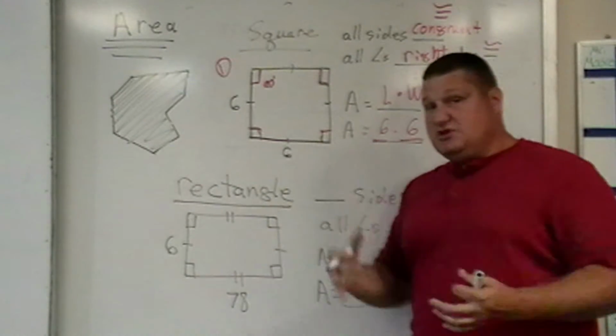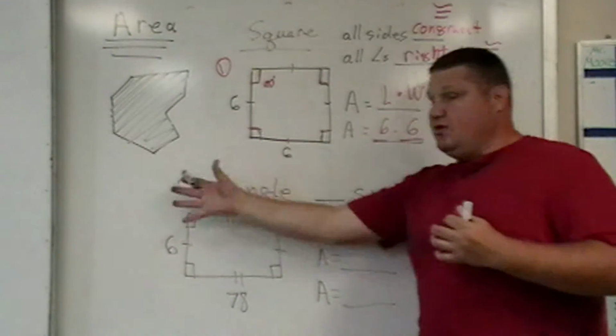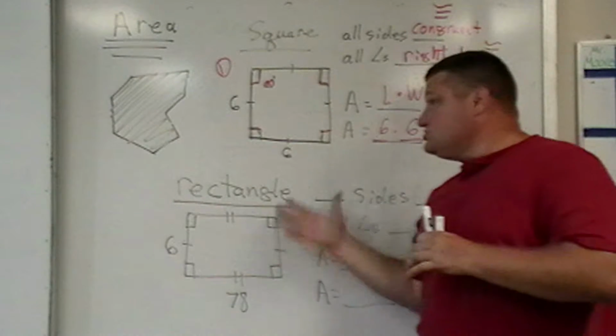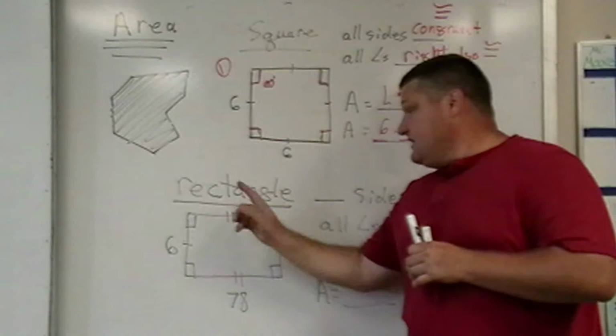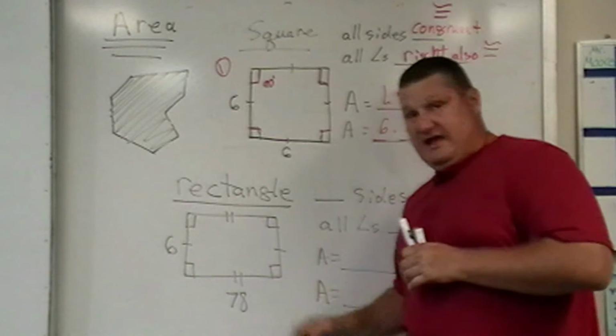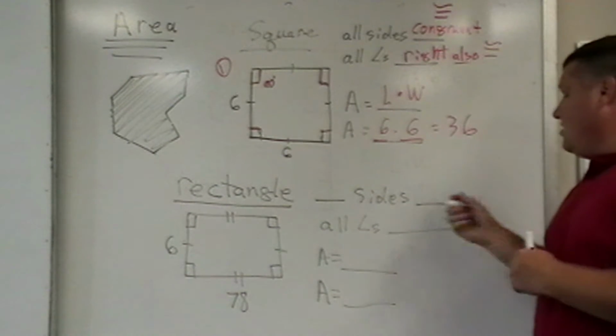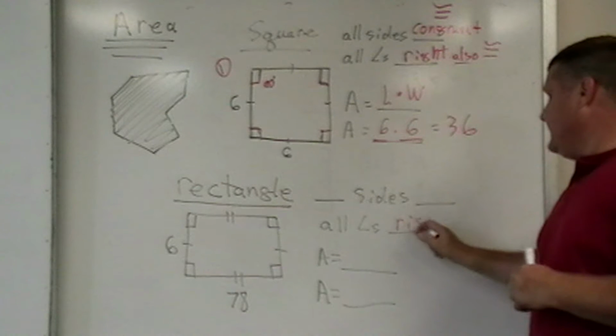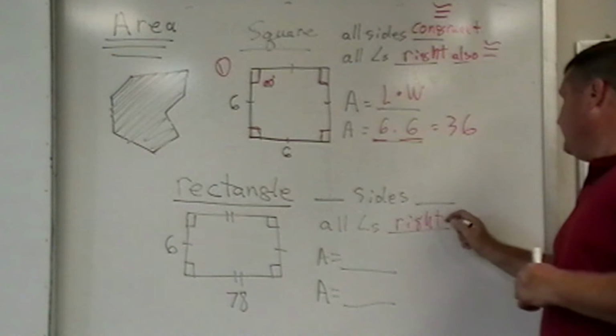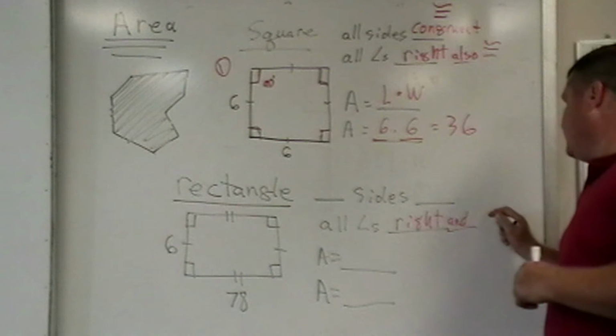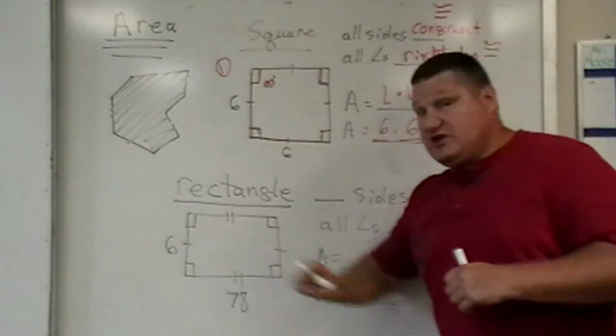Now, let's use what we know about squares to talk about rectangles. Rectangles are also quadrilaterals. They also have what for the angles? Okay, that's right. They are all right angles and would again be congruent. Okay, so you have that.